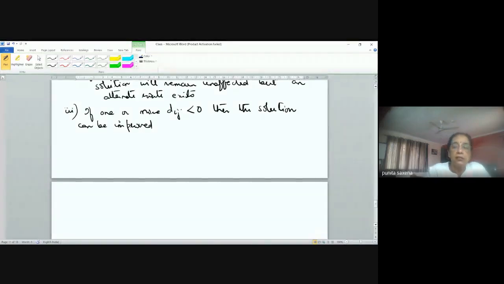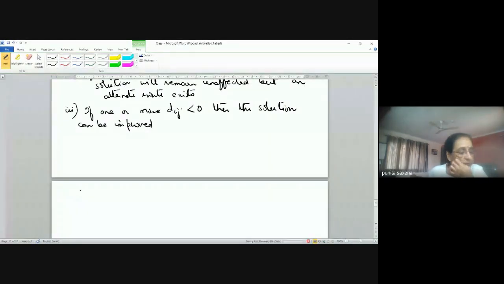To improve that solution, we need to construct a loop. This needs understanding.